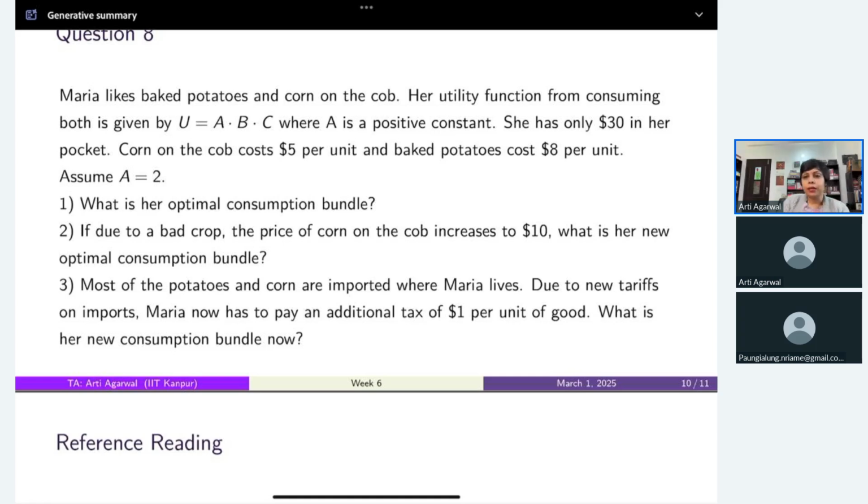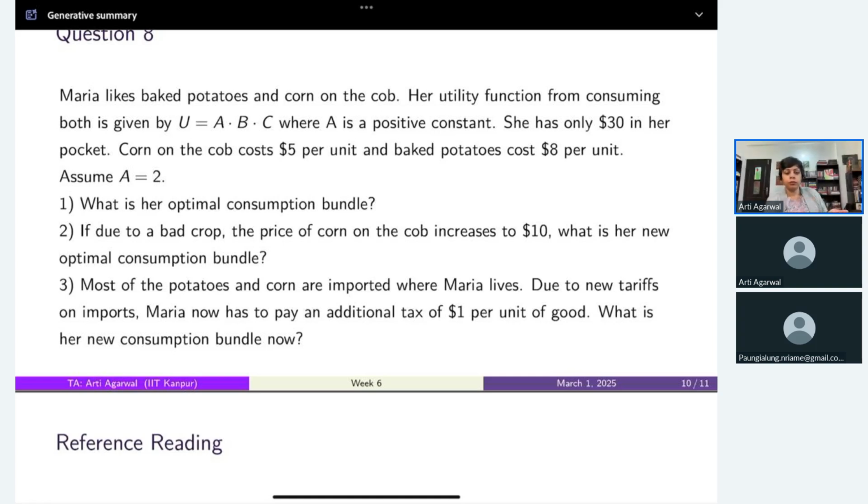The demand is the same, but because the supply curve is shifting and there is less corn being supplied, what is going to happen to the price of the corn? It's going to increase, right? So this is what is happening here. And I have simplified this question by just directly giving you that the price of the corn on the cob due to a bad crop is $10.